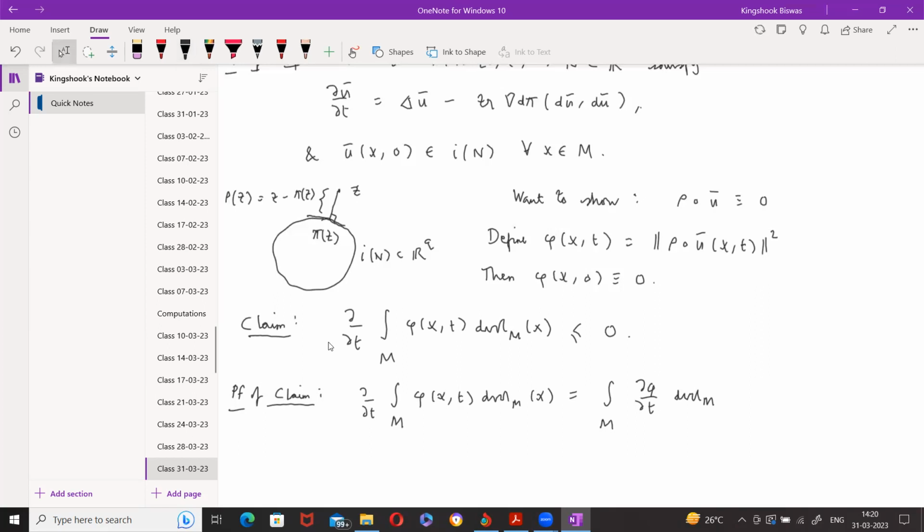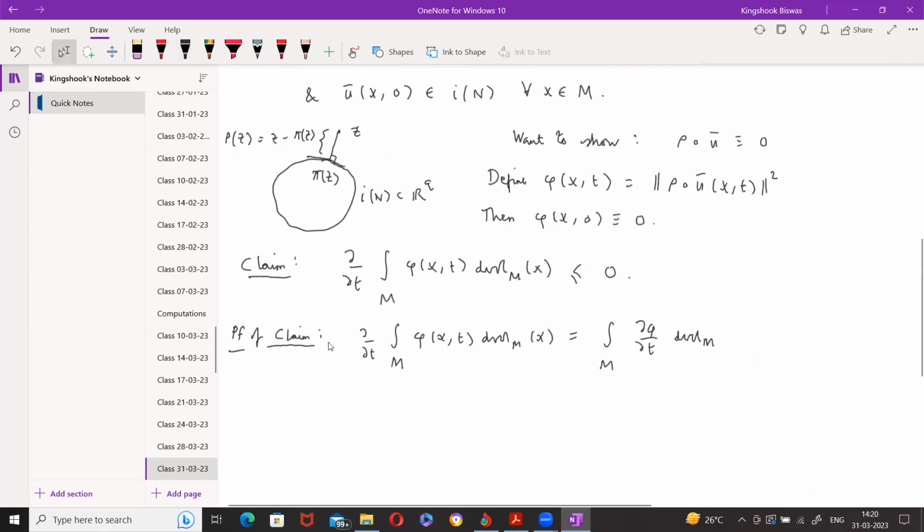Now, phi is the norm squared of rho composed u bar. So del phi del t, this is del t of the inner product of rho composed u bar with rho composed u bar.